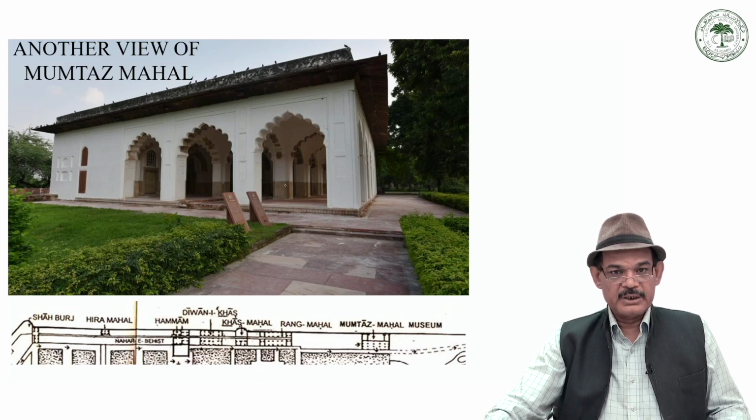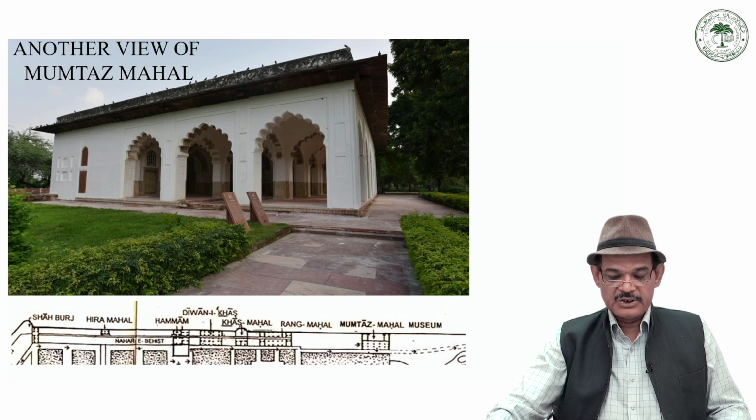Each column has 4 sides, and on all 4 sides there is a spring of engrailed arches, and in this way they form a square bay, because each column supports the spring of 4 arches on the 4 cardinal points.